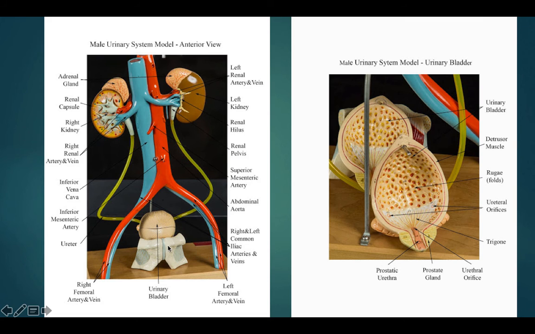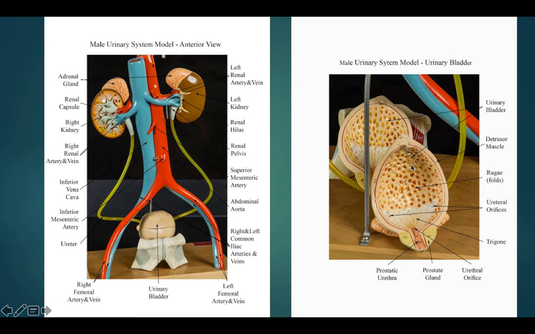The urinary bladder is going to collect and store urine temporarily. Just as a reminder from way back at the beginning of the semester, remember that the interior of the urinary bladder consists of transitional epithelium, which is very important in allowing for stretch. Also, you can see here that you have rugae, which are those folds, like the stomach had.